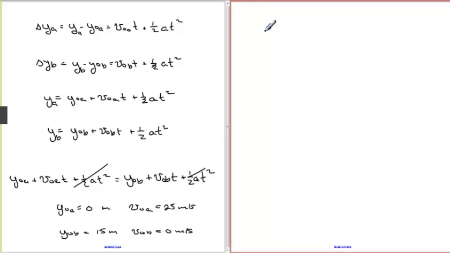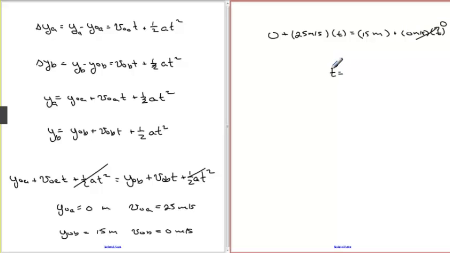So let's plug it in. You get 0 plus v0a, which is 25 meters per second, times t is equal to y0b, which is 15 meters, plus v0b, which is 0 meters per second, times t, that goes to 0.